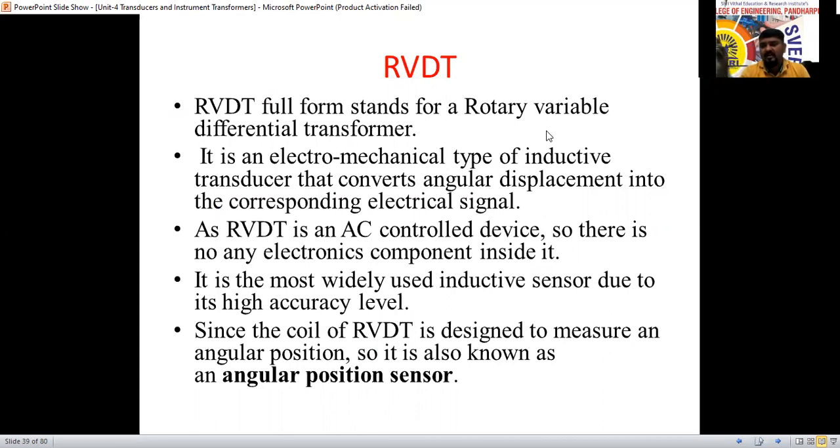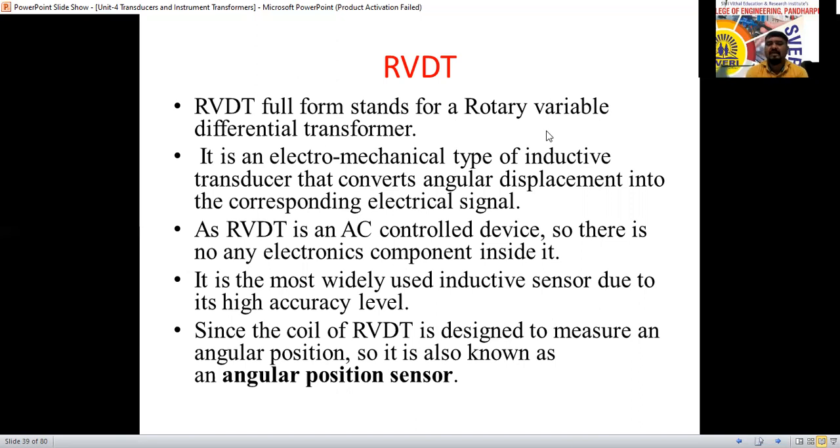If it is a rotating part, then that is called RVDT, the rotary variable differential transformer. RVDT full form stands for rotary variable differential transformer.